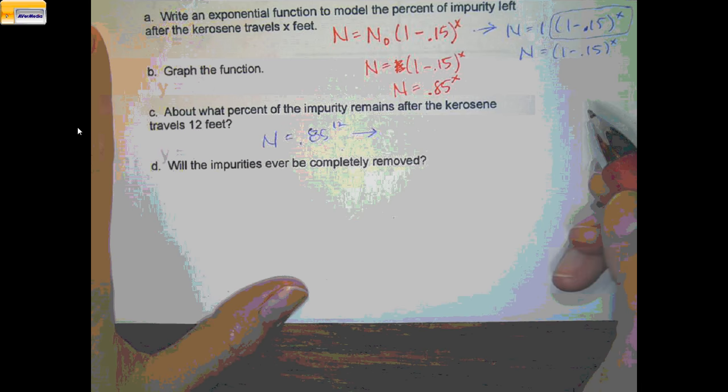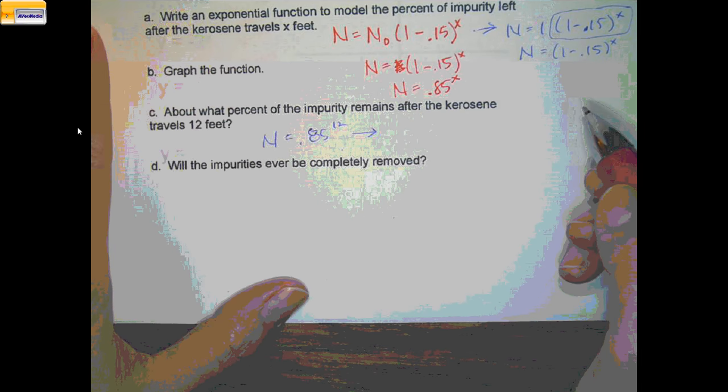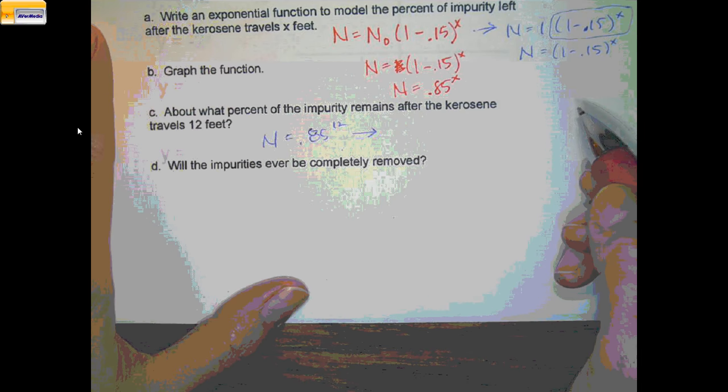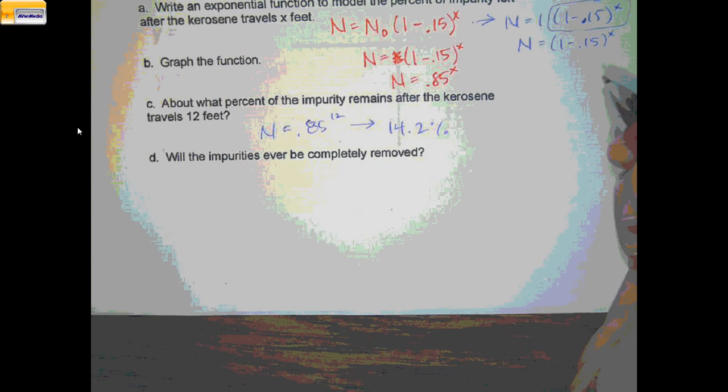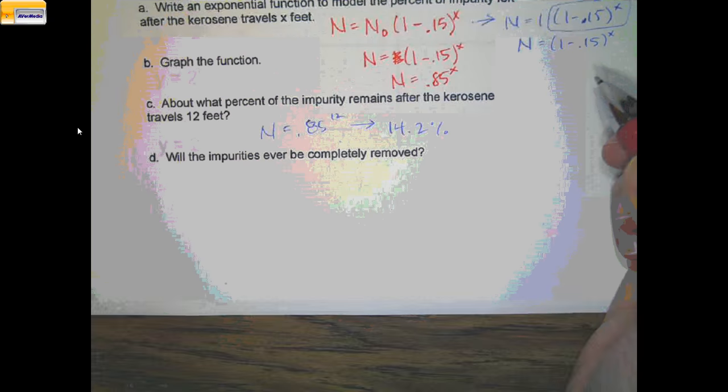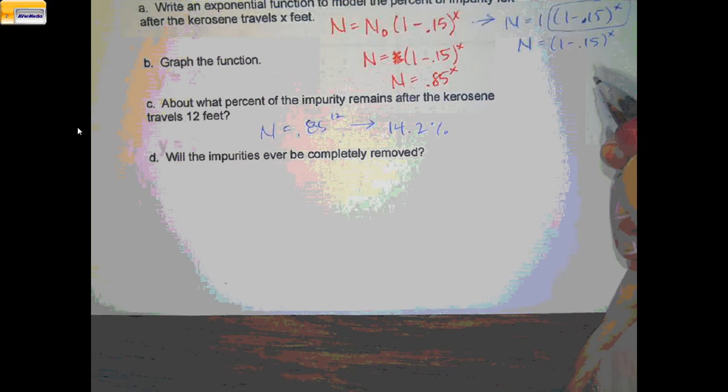You get 0.14. All right, so what is that in percent? About 14.2%. That's about how much of the impurities are left. So we've gotten rid of a lot after 12 feet.